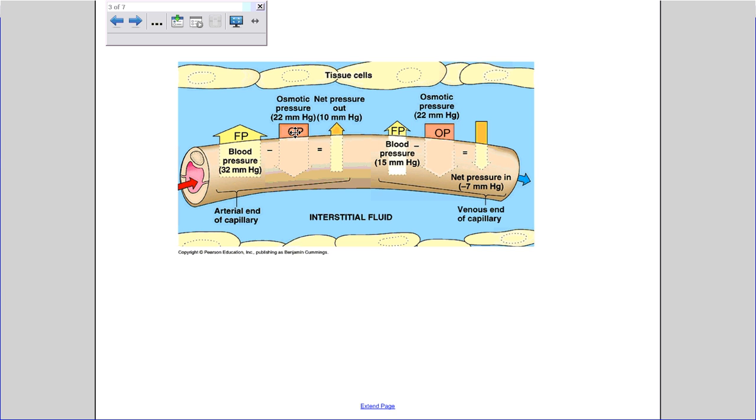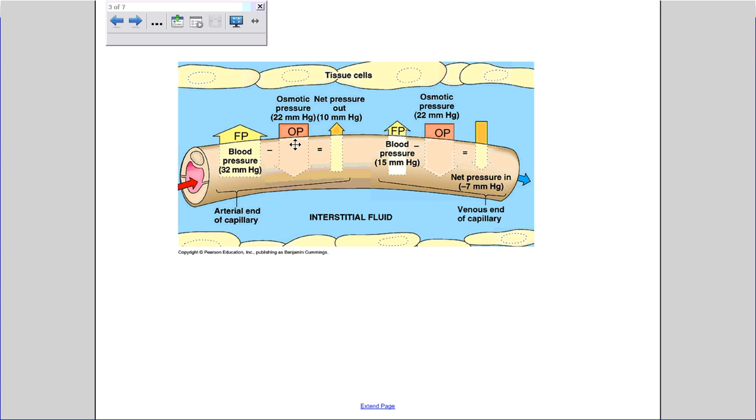The other pressure is called osmotic pressure. Now, if you remember from maybe Miss Ramsey's class or from mine last year if you had me, osmosis is the movement of water from an area of high concentration to an area of low concentration. So when we say osmotic pressure, it's pressure due to water trying to push its way in or out.